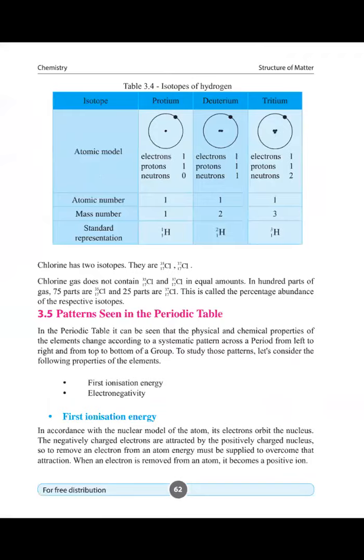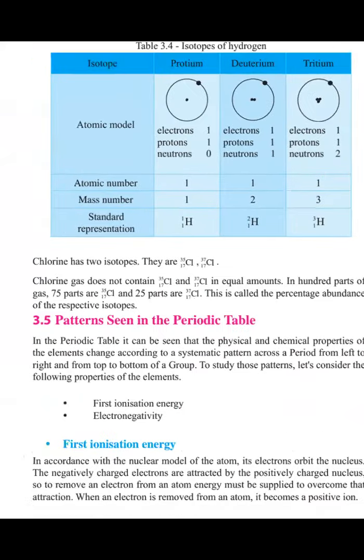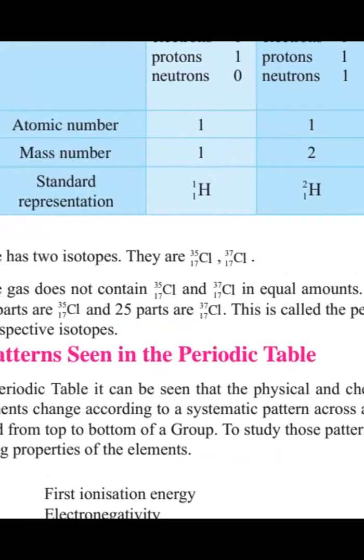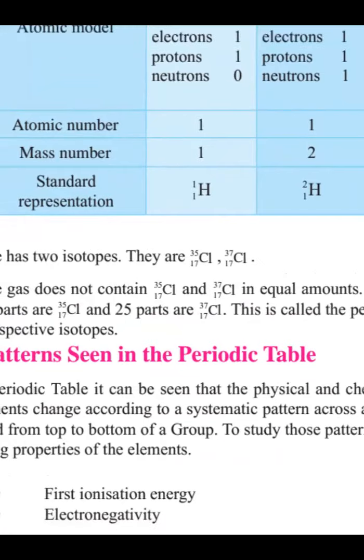Then chlorine, another example. Now there are 2 isotopes in chlorine, here and here.